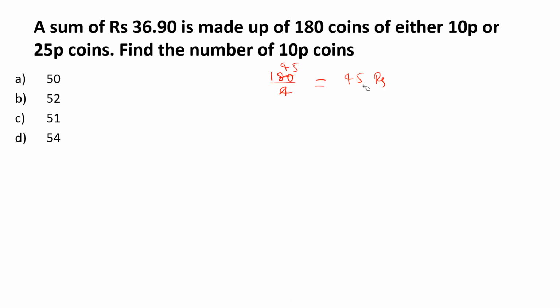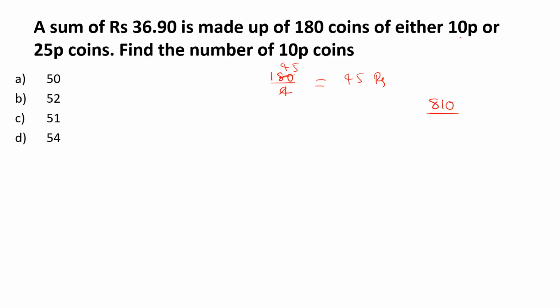Then the difference between what we assumed and what the actual value is 8.10, that is 810 paisa. The difference between the actual value of 36.90 and what we attained is 8 rupees and 10 paisa, that is in terms of paisa 810 paisa. But where is the difference of 810 paisa coming from?